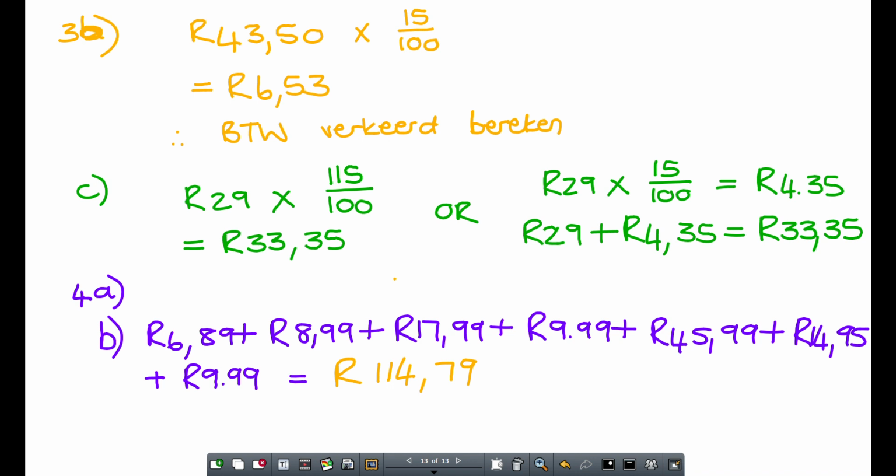Okay, so ons weet nou dat hierdie R114,79 is nog sonder wat. Nee, so kom ons gaan werk gou wat op hom uit. Maar, kan ek hom net so gebruik? Kan ek nou daai vat en gaan sê maal 15 op 100? Why not?